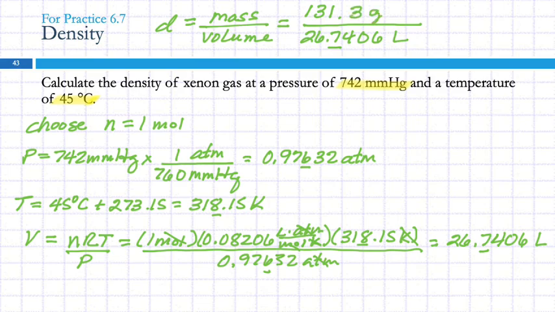It's on the periodic table, right? So 131.3 divided by 26.7406. This will end up with 3 significant figures. 4.91 grams per liter. Any questions?